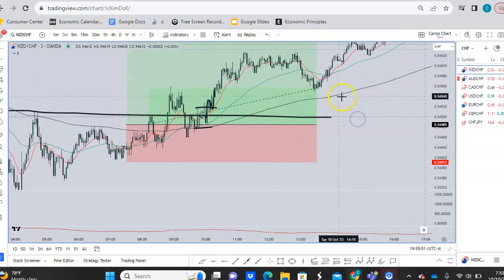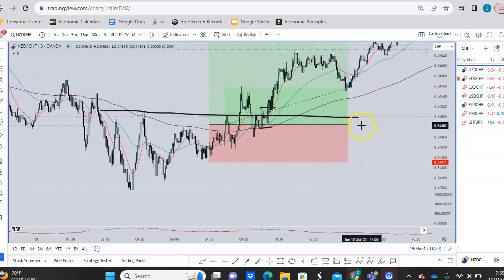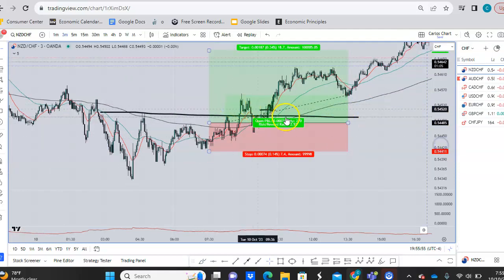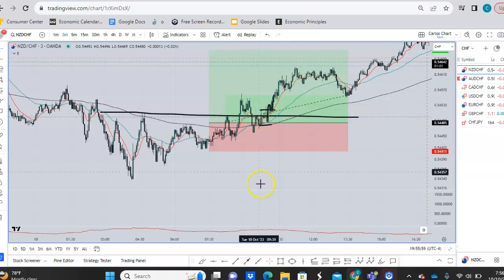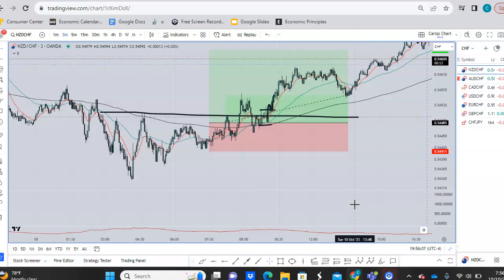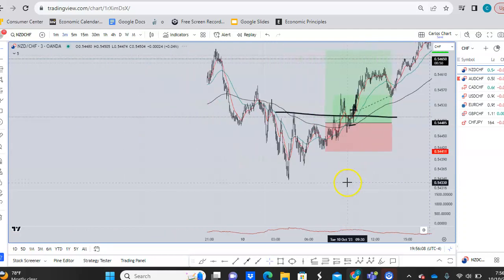So that is a good area to add size in. I added size a little prior to around here, this area, just because I understood the overall story, and I wanted to get in a little bit earlier in case this leg two fails and doesn't continue.